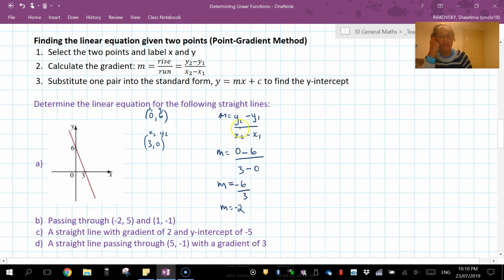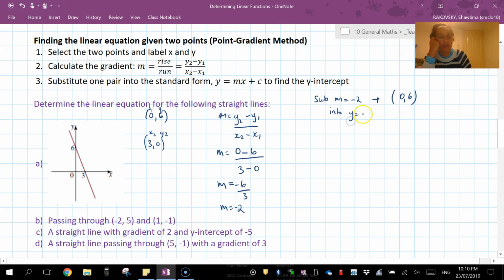What we're actually looking for is the whole linear equation for this straight line. So now we can substitute m equals -2 and a pair of coordinates into your y equals mx plus c form. It does not matter which one you pick, just pick one.